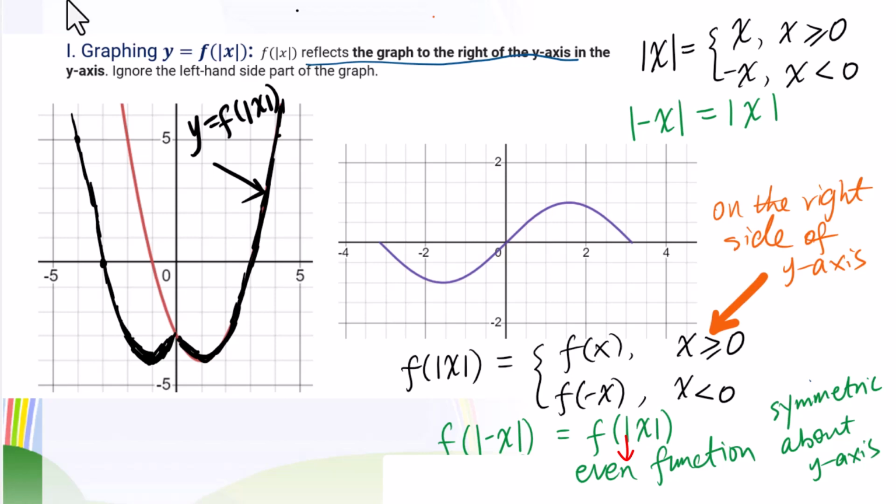For the second graph, the right side of the y-axis stays, then reflect the graph on the right side of the y-axis about the y-axis. The graph in black is y equals f of absolute value of x.